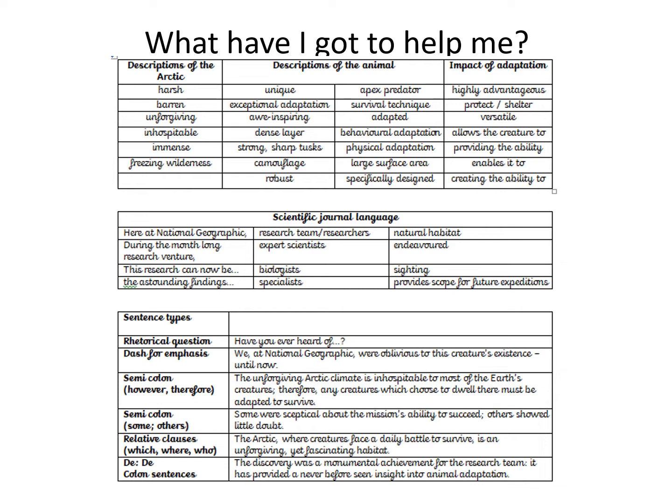Underneath, we've got a some and others. So some were sceptical about the mission's ability to succeed, semicolon. Others showed little doubt. We've got relative clauses, and here we're using where, so the Arctic, where creatures face a daily battle to survive, is an unforgiving yet fascinating habitat. And we've got a colon sentence, so we've got 2 separate clauses separated there by a colon.